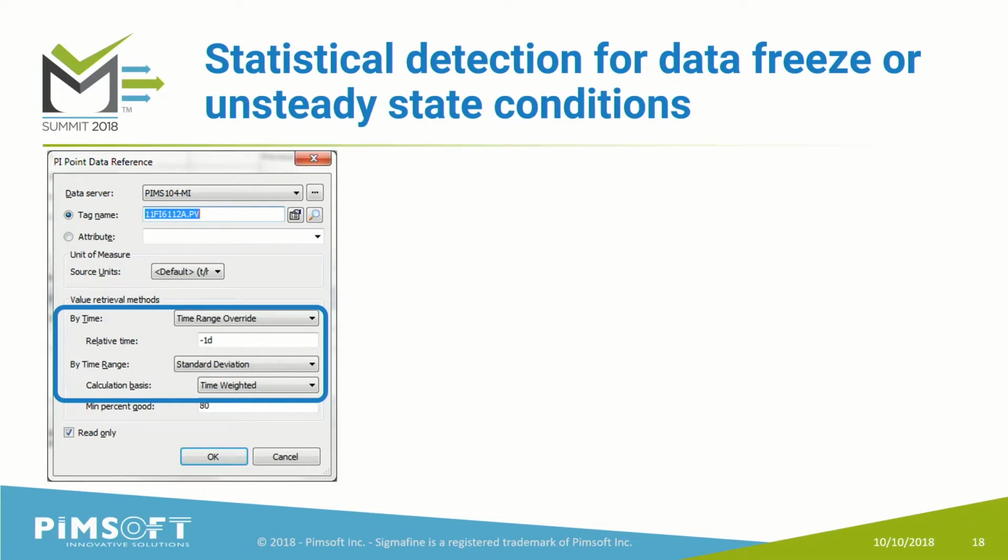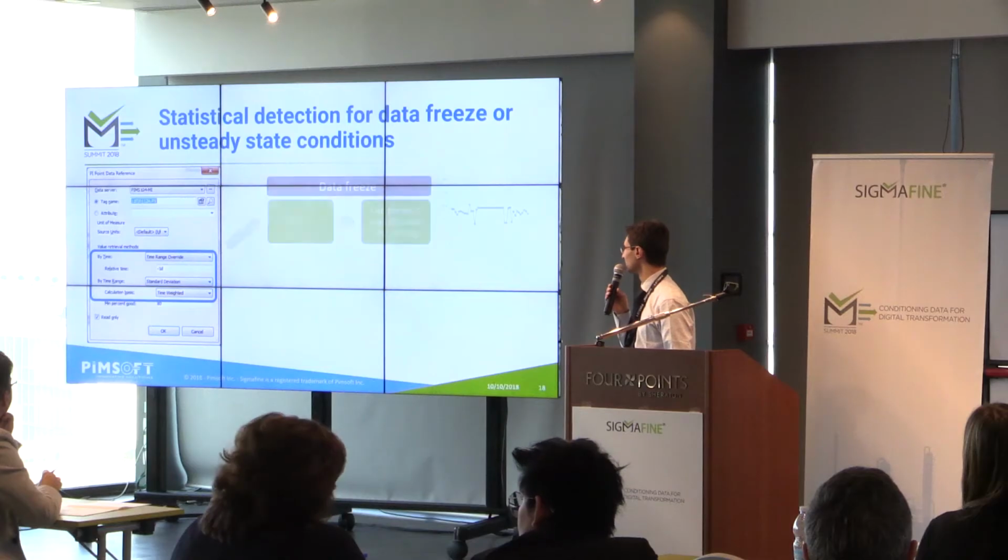With statistical detection, we mean some methods to address problems like data freeze, or on the opposite, unsteady state conditions. Still, we can calculate the standard deviation of the data within a certain time range.